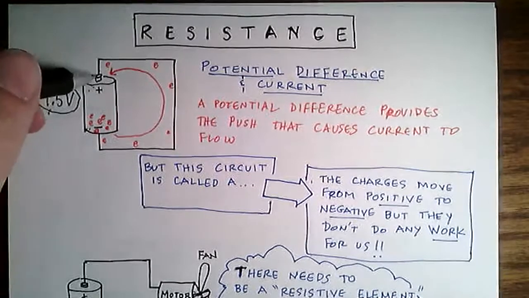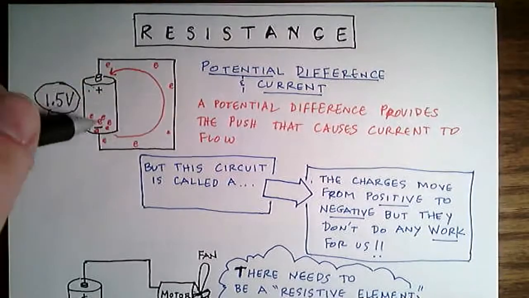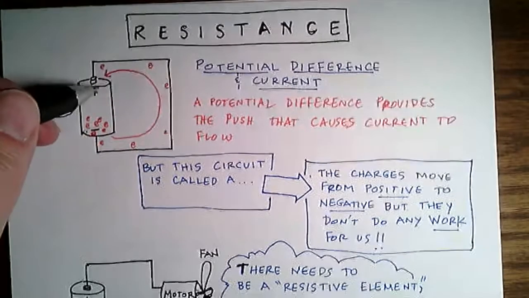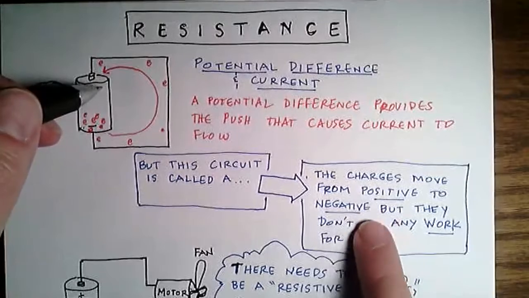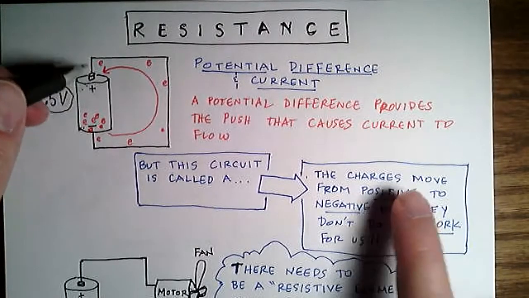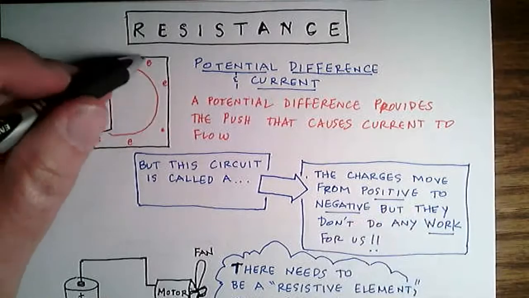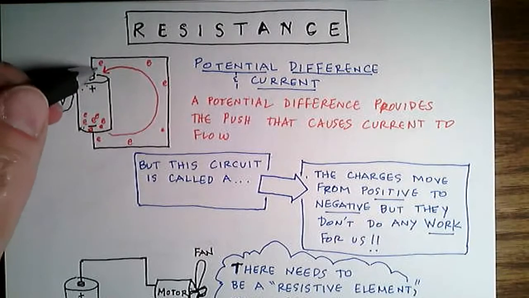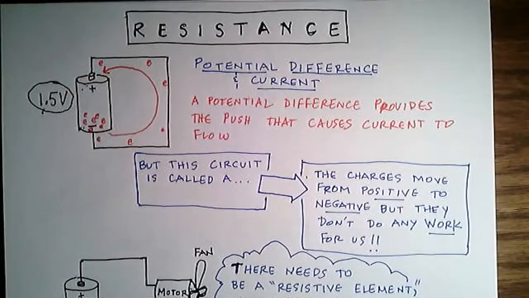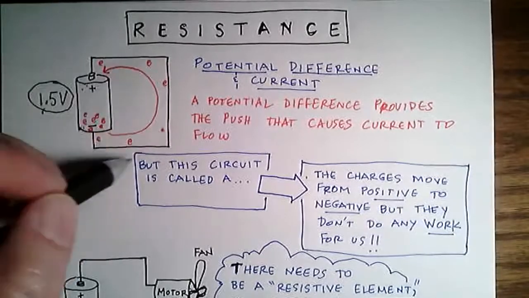The problem that I have with this very simple circuit that I've drawn here with a line, a conductor that goes from negative to positive, or again, if we're talking about the old way of thinking about current, from positive to negative, so they would say it would be positive charges moving this way. There's nothing in here to slow down these electrons. And so they will just very quickly run from one side to the other.